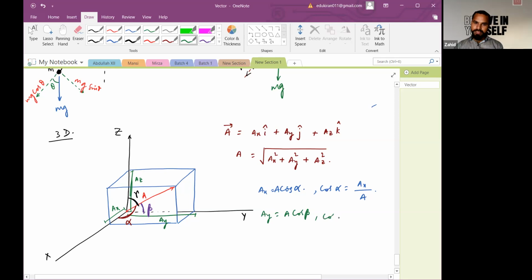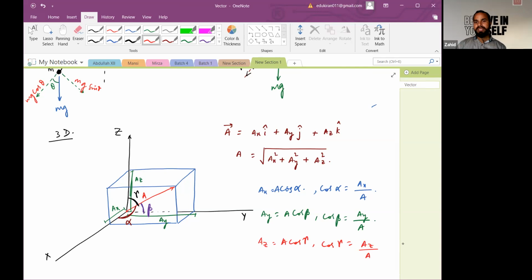So cos beta will be equal to AY divided by A, and similarly AZ will be equal to A times cos gamma, or cos gamma is equal to AZ divided by A.